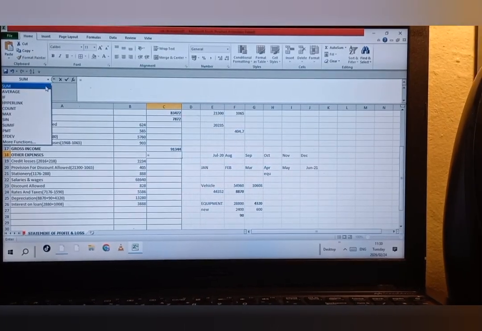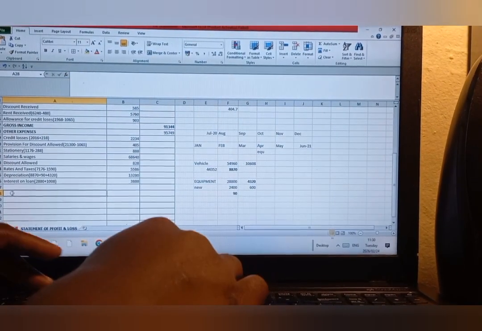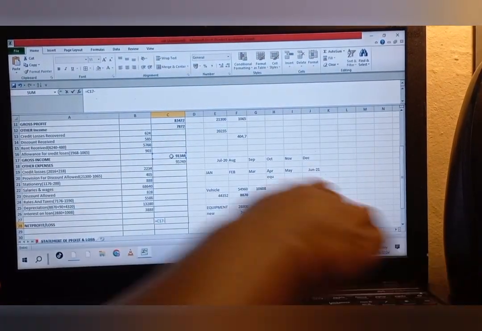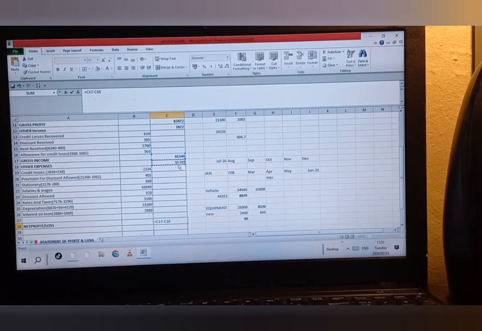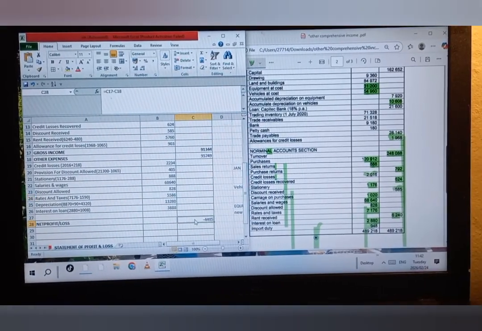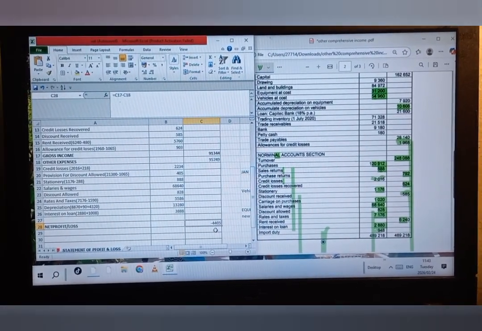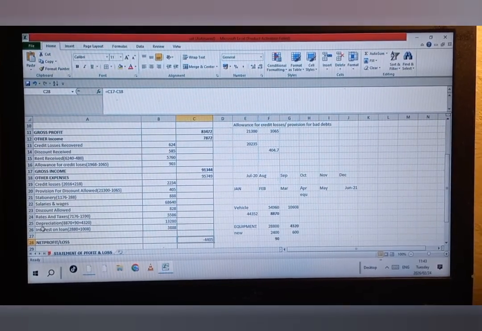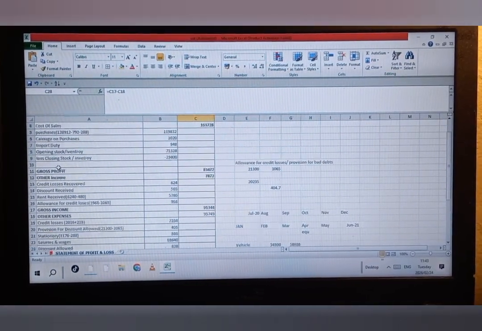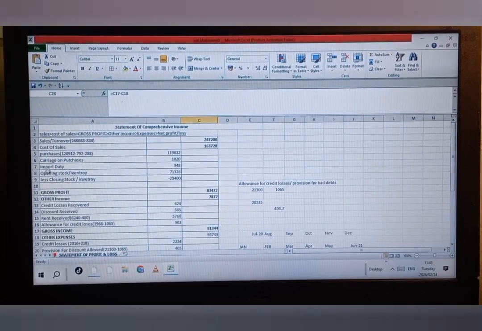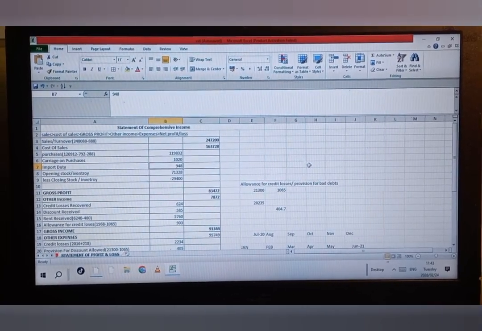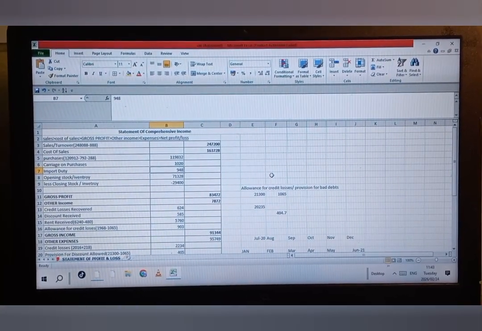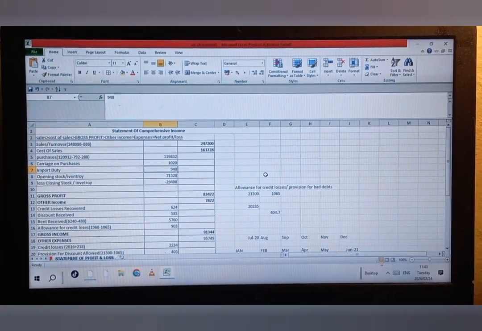Add all your expenses. Net profit or loss is equal to gross income minus other expenses. And then, guys, we get our net loss of 4,405 rand. If you have a memo, import duties from our cost of sales, they said is 984, which in our trial balance is given as 948, not 984.